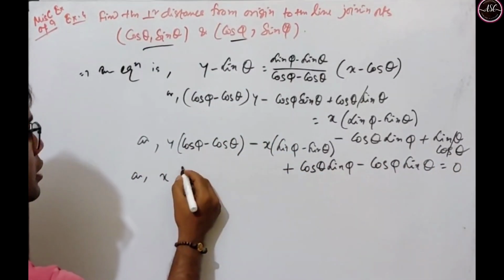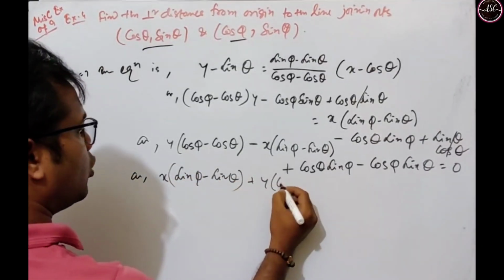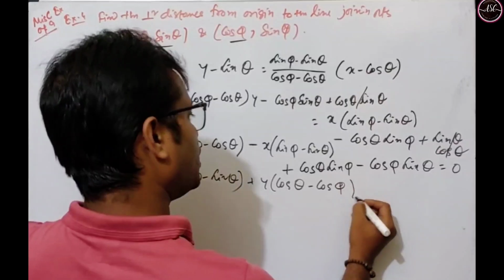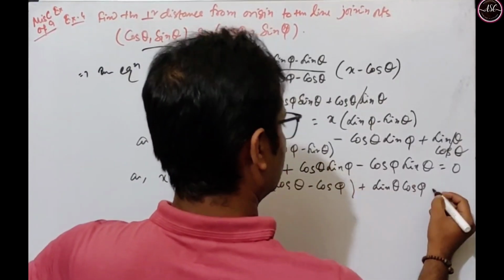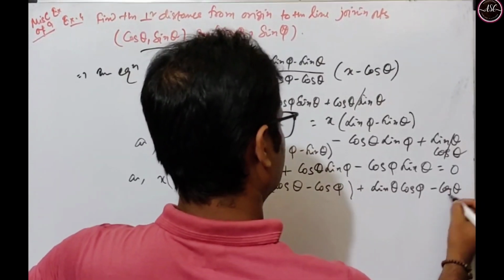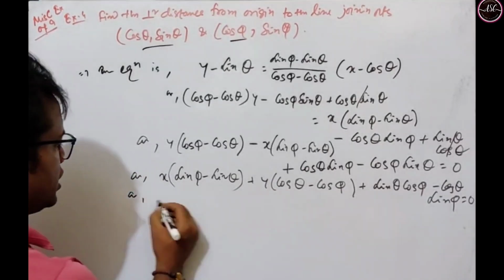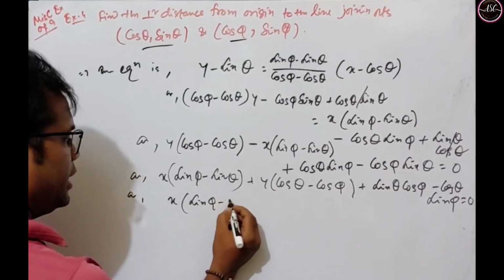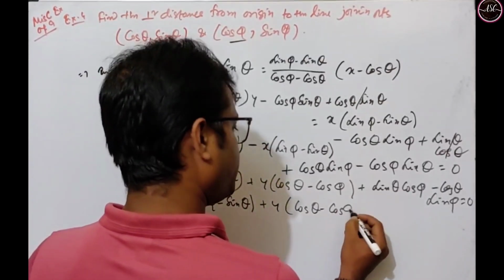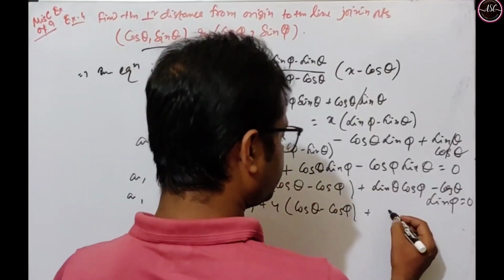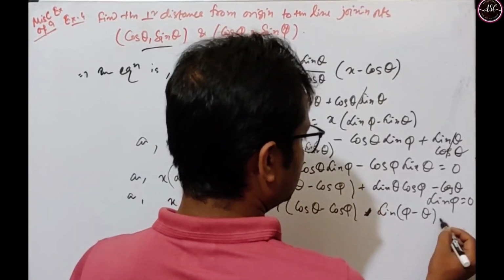Or this can be written as x into sin phi minus sin theta plus y into cos theta minus cos phi plus sin theta cos phi minus cos theta sin phi equal to 0. Okay. Now, or this can be written as x into sin phi minus sin theta plus y into cos theta minus cos phi, and this is the equation of, if we take common minus, sin phi minus theta equal to 0.